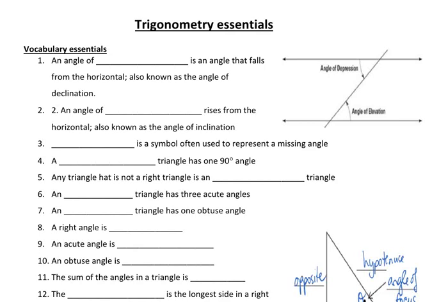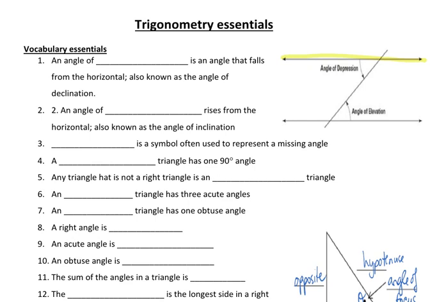So when I'm talking about an angle of, I'm going to read the description. It's an angle that falls from the horizontal, and it's also known as the angle of declination. So this is your horizontal line, right?